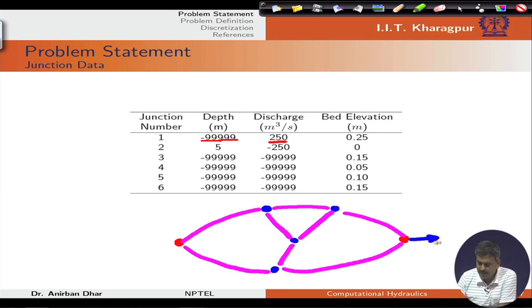Externally from this node 2, this is 2, this is 1.